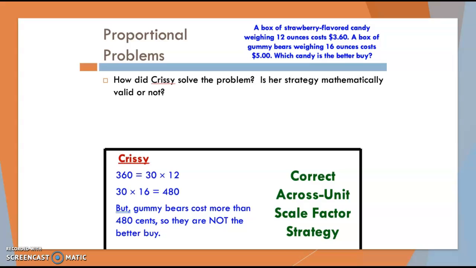So in that case, she was looking at 16 ounces of the gummy bears. If she times that by 30, she got 480. But the gummy bears cost more than 480 cents, so they are not the best buy. Okay.